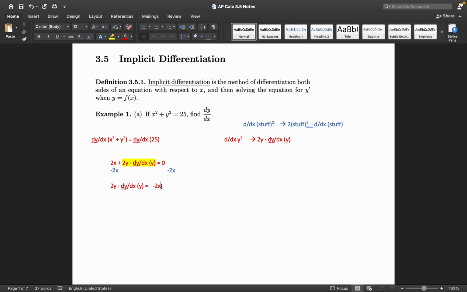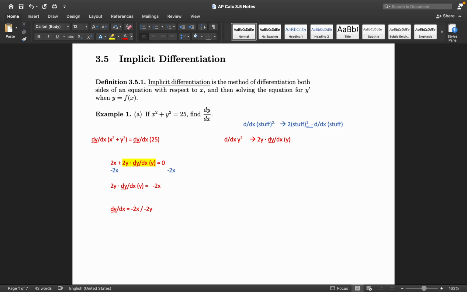So now, if I want to solve for the derivative of y, I need to divide by 2y, and my final answer is that the derivative of y with respect to x is negative 2x divided by 2y.